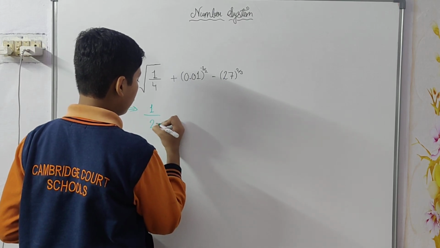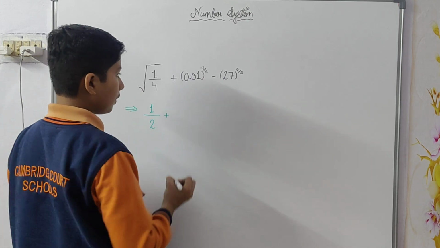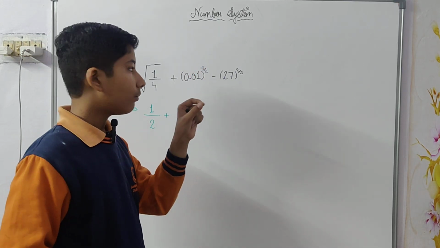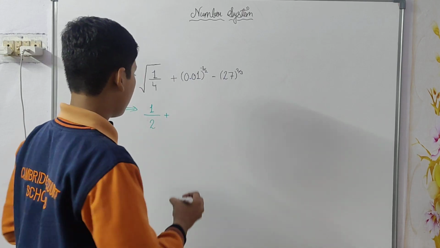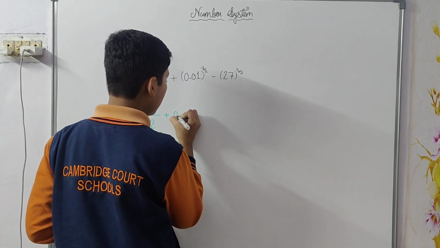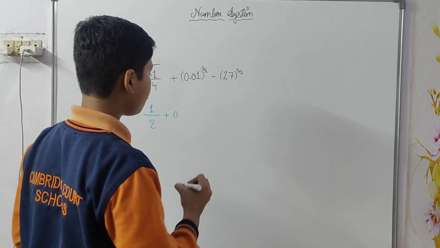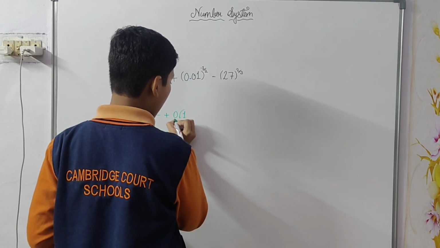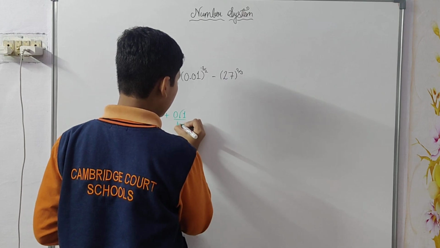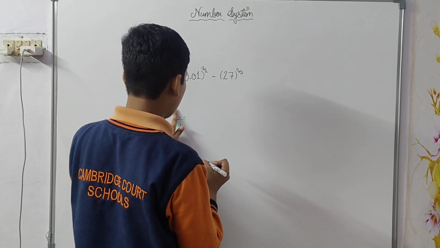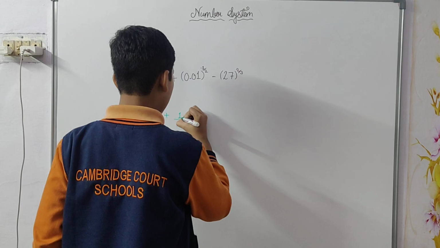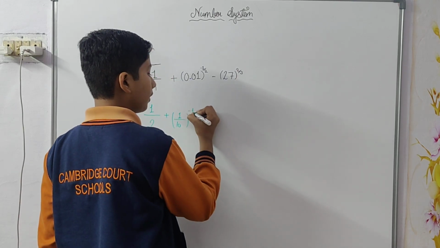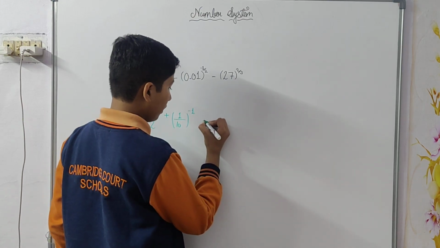So 1 by 2 plus, 0.01 under the root can be written as 0.1. So 0.1, if we remove the decimal, it will be 10. So it will be 1 by 10 to the power minus 1.